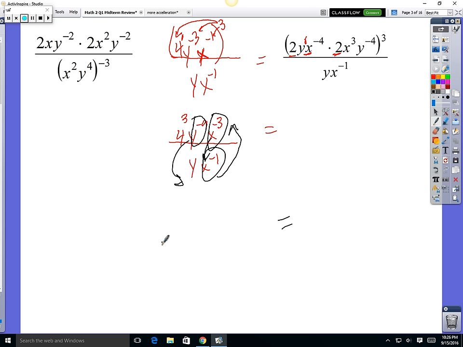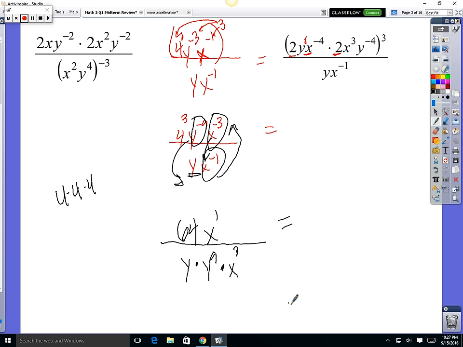So maybe not your final. We got 4 cubed on top, so that is 4 times 4 times 4. Calculator, or in your head, whatever you want. You gotta end up with 64. And then on the top you've got x to the 1, and on bottom you've got the y that original stayed there, and you're bringing 9 more down, y to the 9, and you're bringing x cubed down.